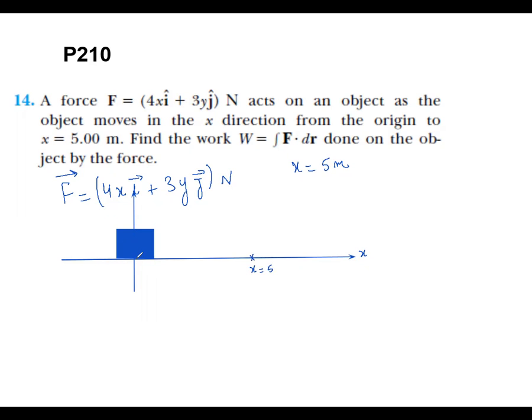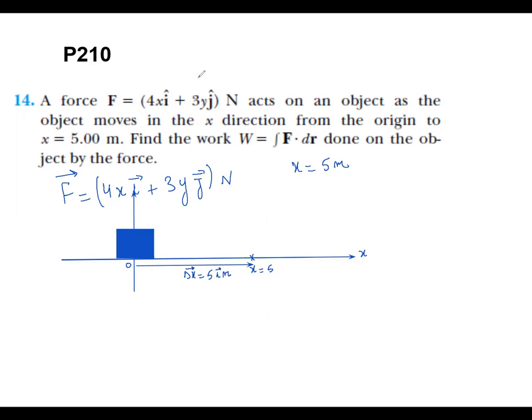The object will move from the origin O to x equals 5. So here we have the displacement delta x equals 5. If you want to put the direction, we have 5i meters.